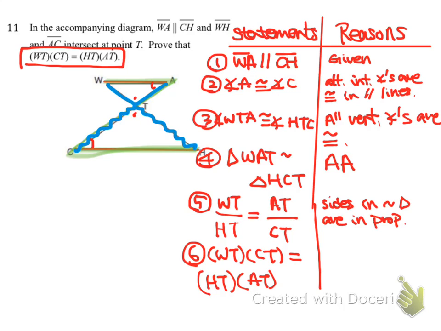A better way of writing it is this: product of means is equal to product of extremes. Alright, so that is our proof. Alright, so we're gonna stop here, and then we're gonna continue in part 2. I'll see you soon.